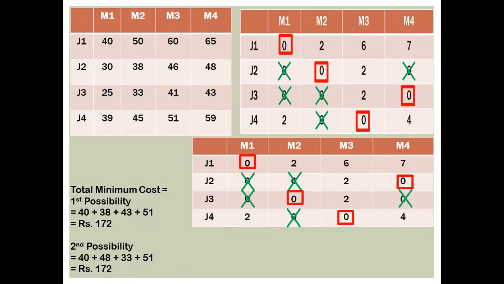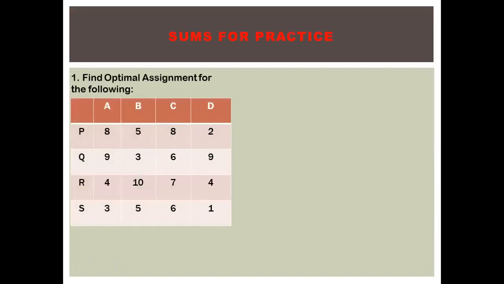Please listen to the video more than once in order to understand the steps of how to do the sums, which involves alternate solution, and when the number of lines you draw are not equal to the rows and columns. So for that, I am giving you all 2 to 3 sums for practice, which I think you can practice and see whether you have followed the concept or not.